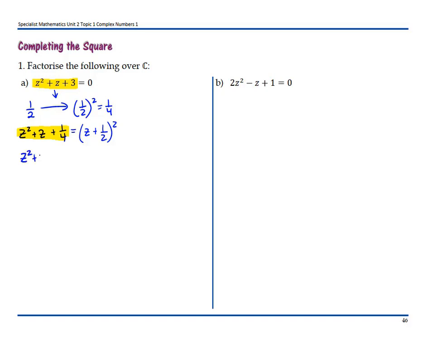So I've got z squared plus z plus a quarter, and I'm going to take away the quarter and add 3. On the other side, with my factorise part, I have to do the same thing. So I minus a quarter plus 3. That means I've got z plus 1 over 2 all squared plus 11 over 4.